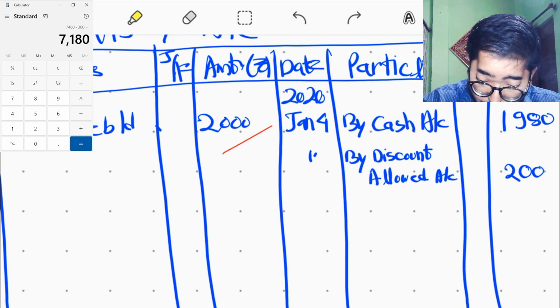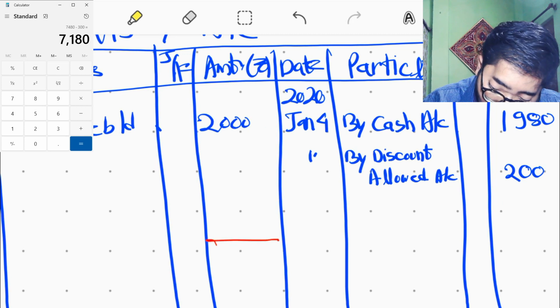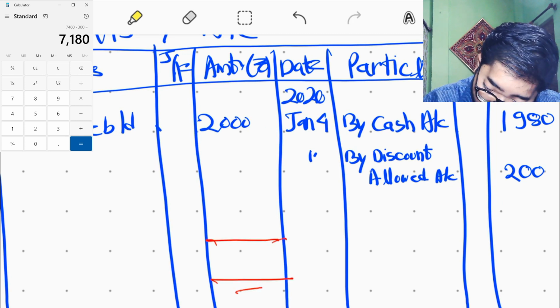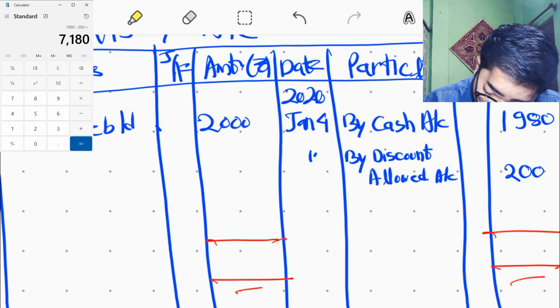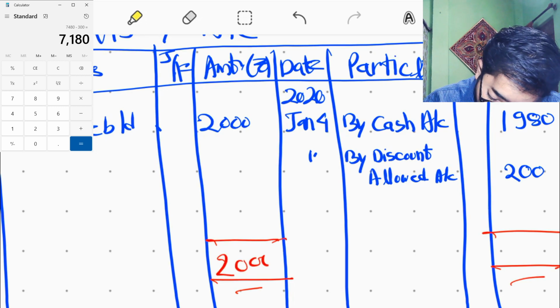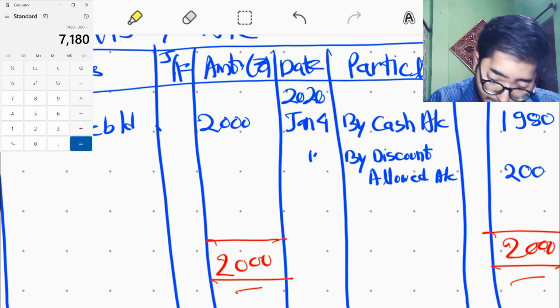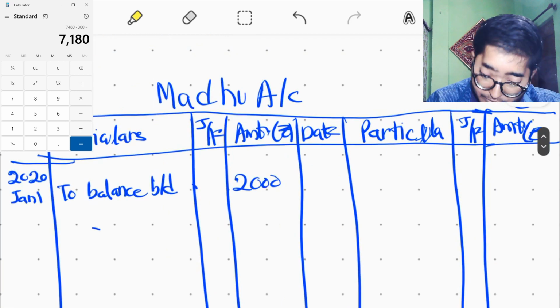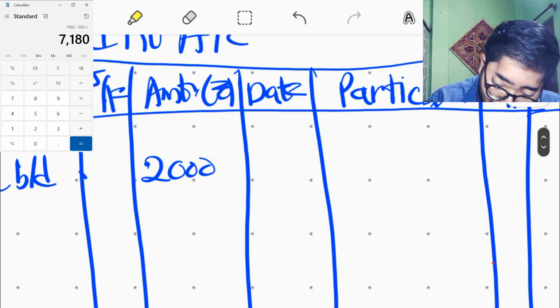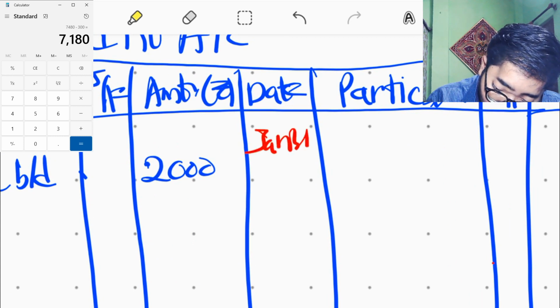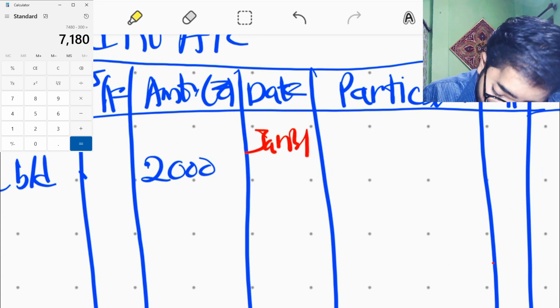So no closing balance. But to close the account, we need to write the total. 2000, 2000. Now Madhu has not paid anything. That is why Madhu's 2000 would be the closing balance.